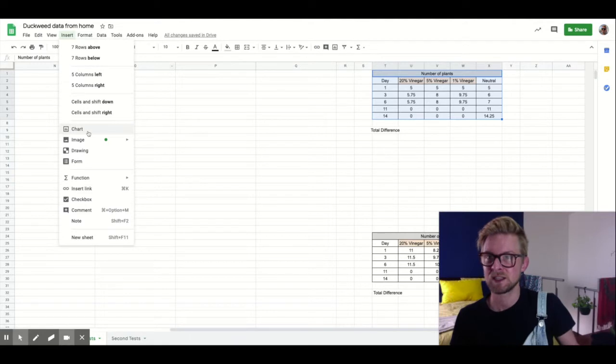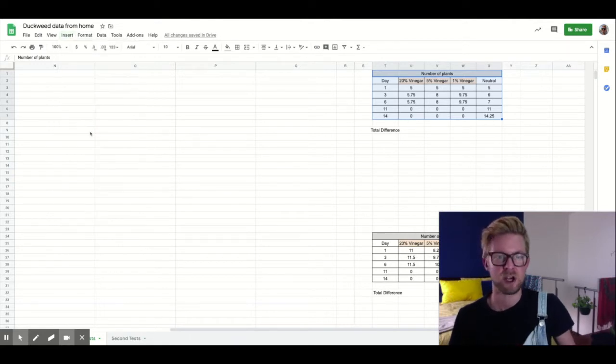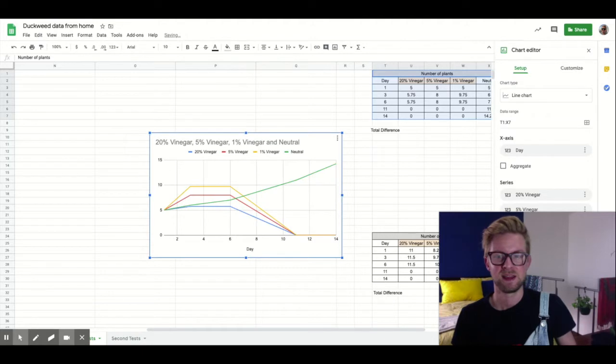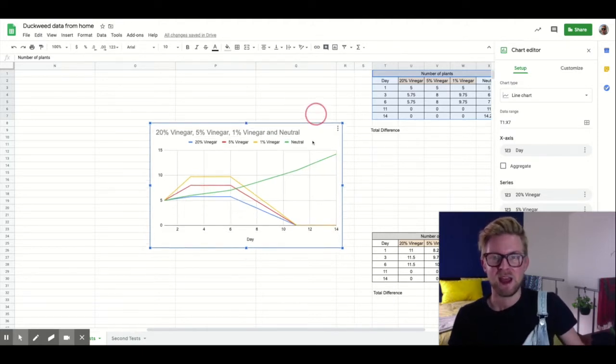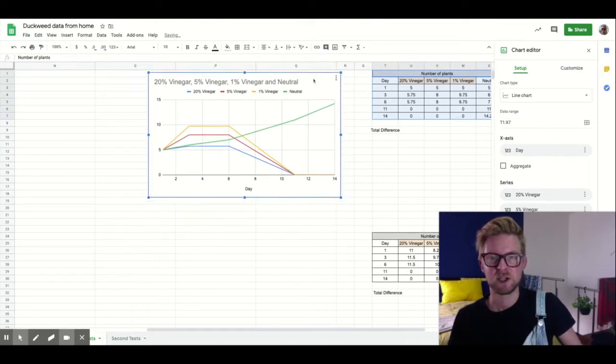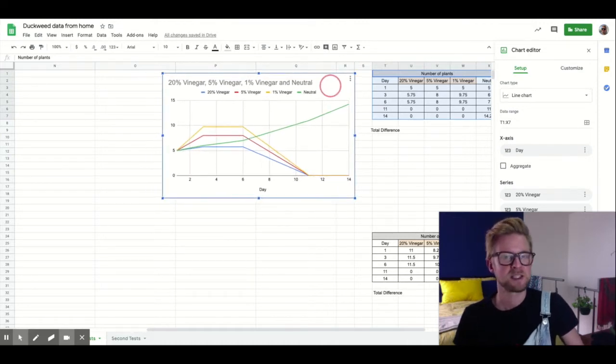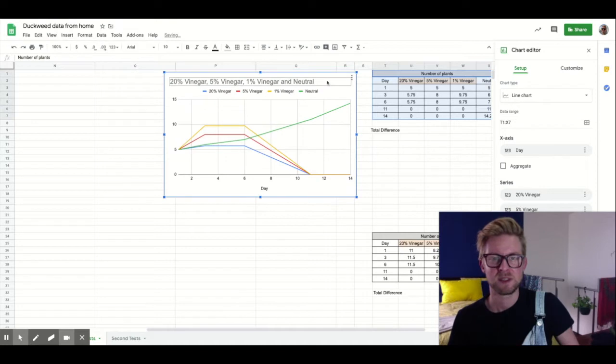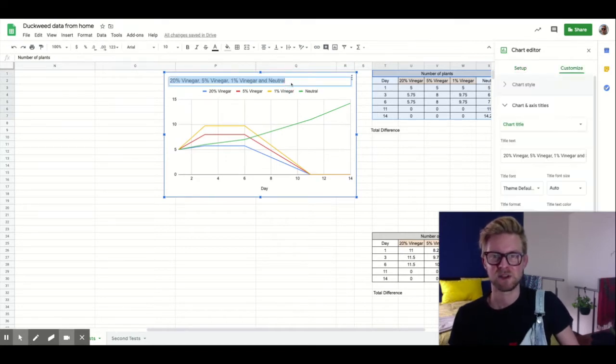If I select Insert, Chart, it's going to provide me with one that it initially thinks that I really want to have, which it's showing a line graph. There's a couple of things I want to do in order to make this graph a little bit more useful as far as what it's telling us. The first is going to be a title.